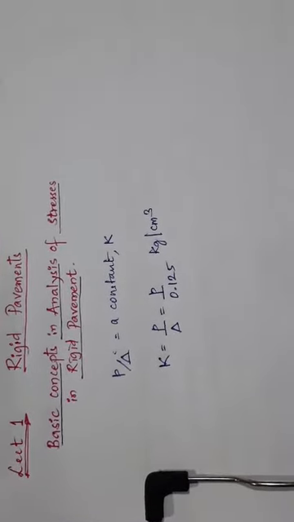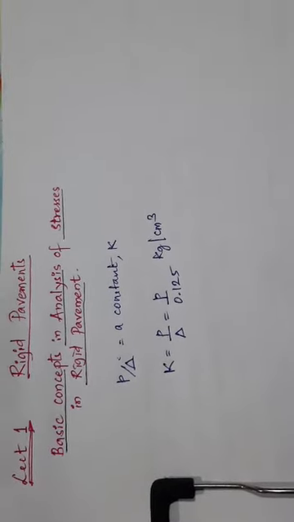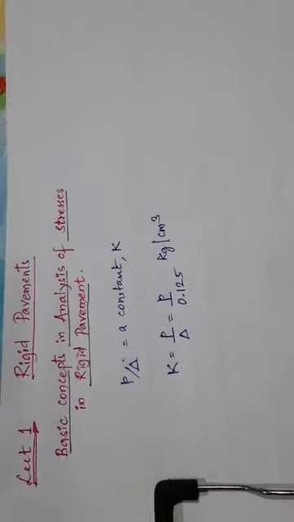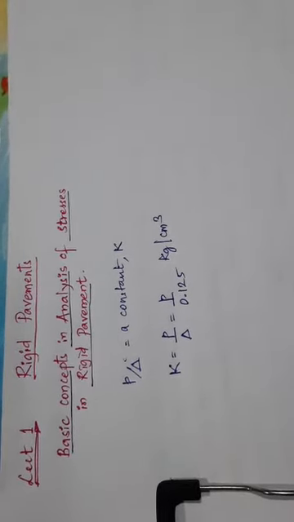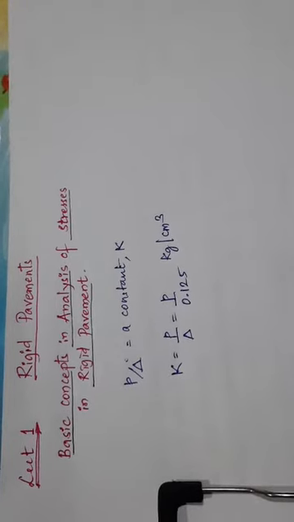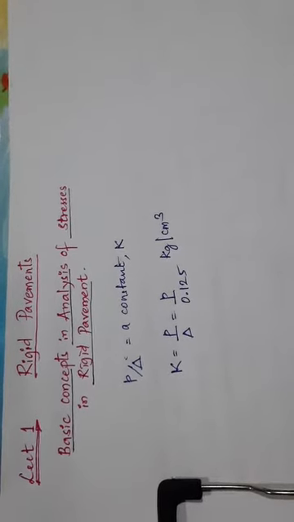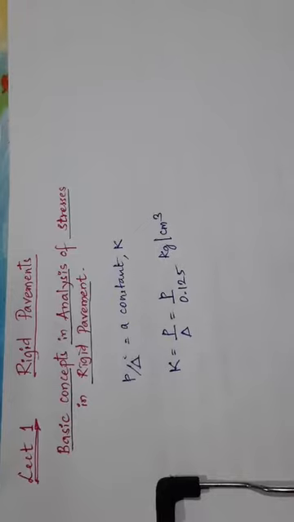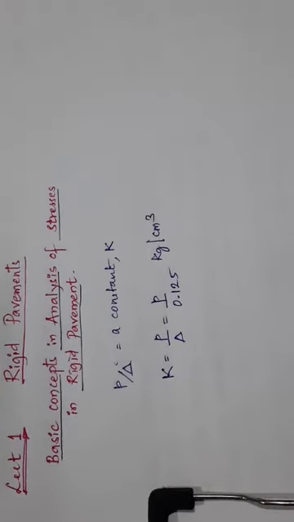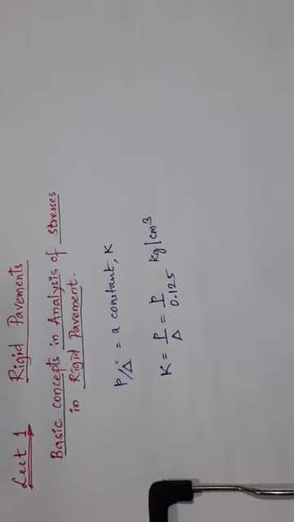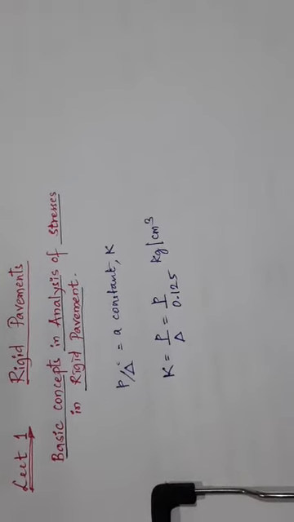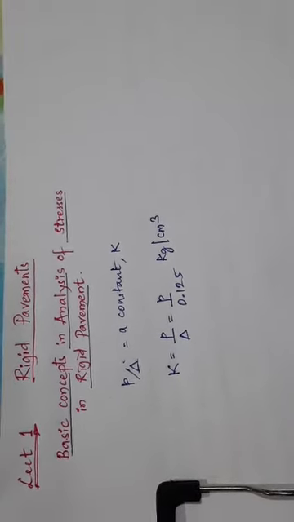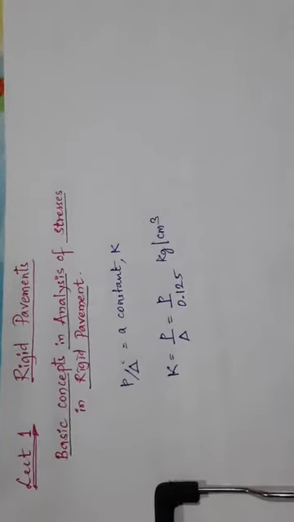Where delta is the displacement; the displacement level delta is taken as 0.125 centimeter for determining K, as we saw in the last semester, in the 6th semester. P is the pressure sustained in kg per centimeter square by the rigid plate of diameter 75 centimeter, as a plate load test. We got this formula.